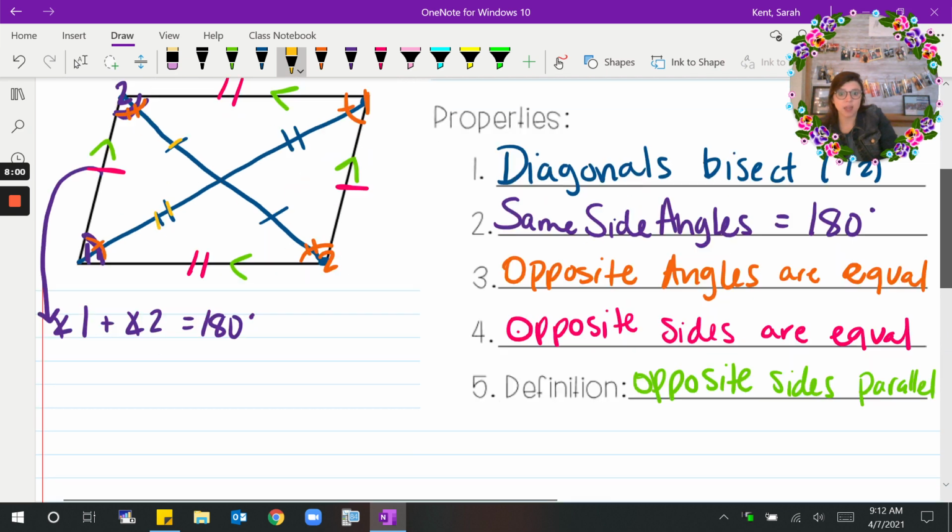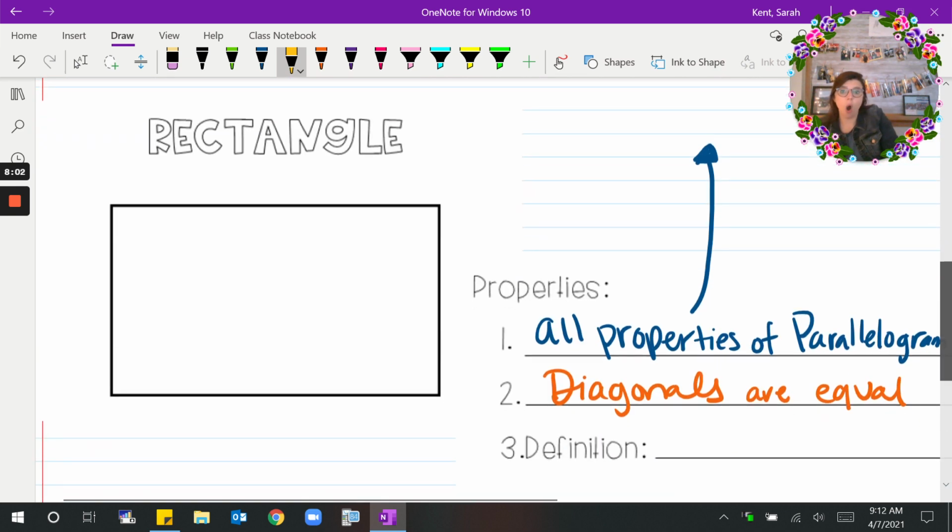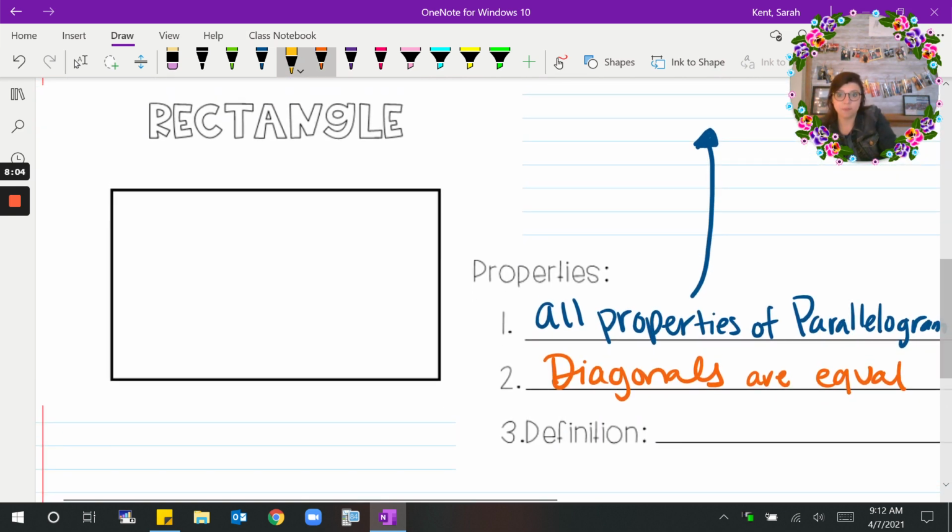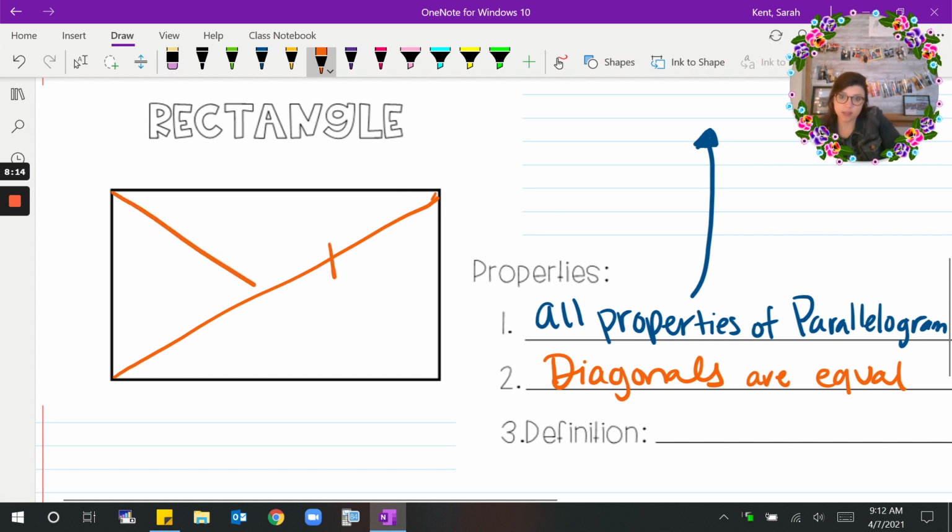But on a rectangle, it will all be the same. So on a rectangle, this diagonal will be equal to this diagonal. So those whole things are equal. So all four parts are the same.